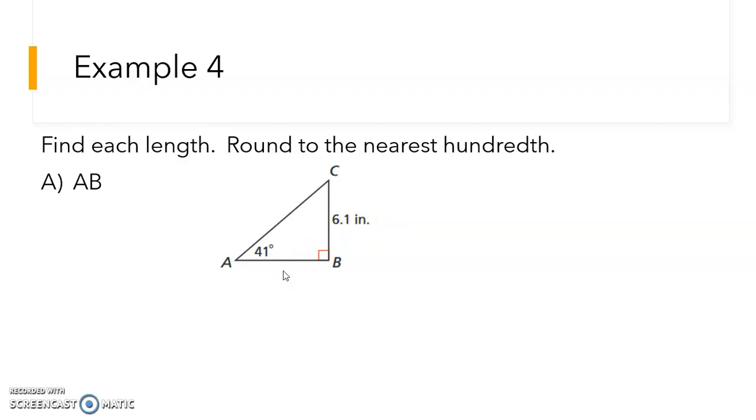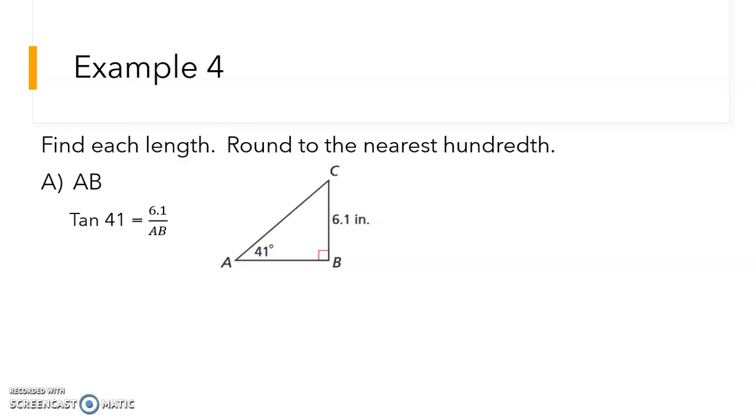So the first thing that you need to do is figure out which ratio to use. Should I use sine, cosine, or tangent? Look at the sides that they've given you and make a decision. Then I'm going to show you how to set up that equation.